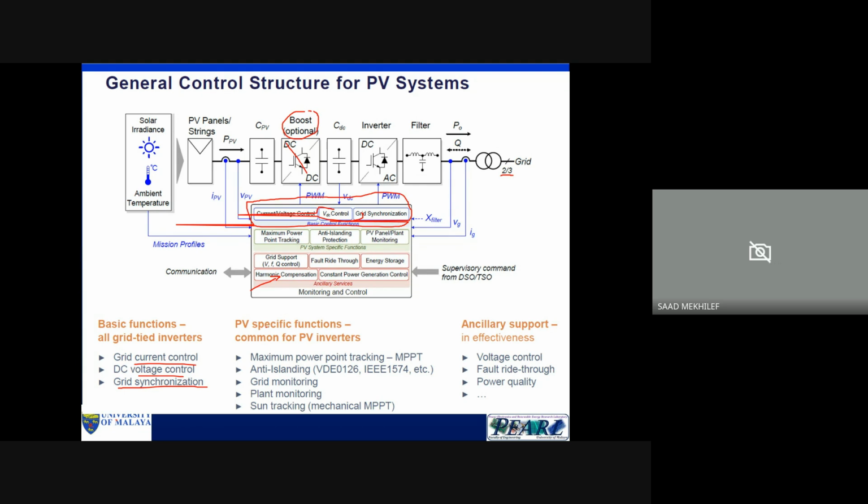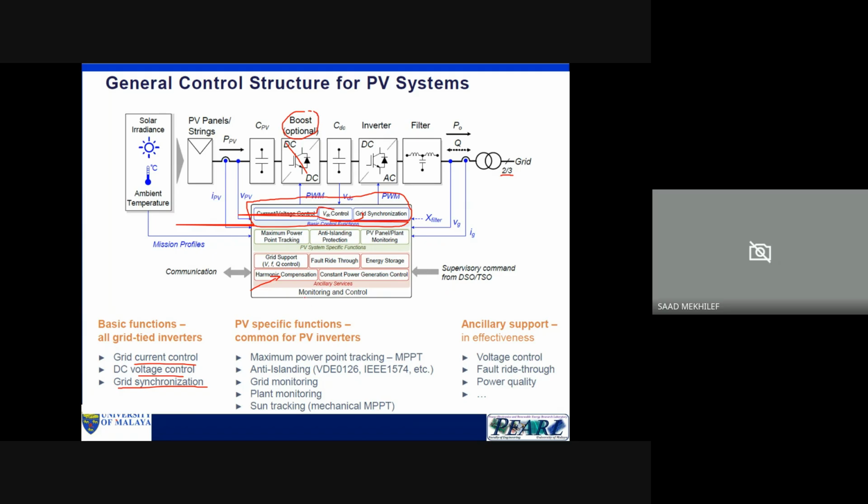For example, IEEE standards require the total harmonic distortion to be less than 5%. And then constant power generation control can also be integrated inside these grid connected PV systems, where you ensure there is constant power, especially when it is needed by the system.